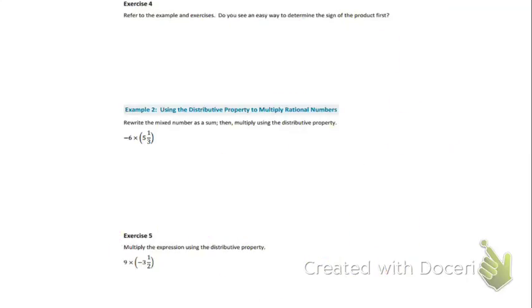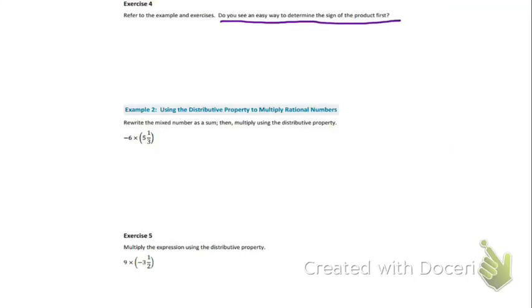Okay, and then exercise 4 says refer to the examples and exercises. This is interesting because it's kind of asking what I had said before. I seem to be a step ahead of this program here. Do you see any easy way to determine the sign of the product first?